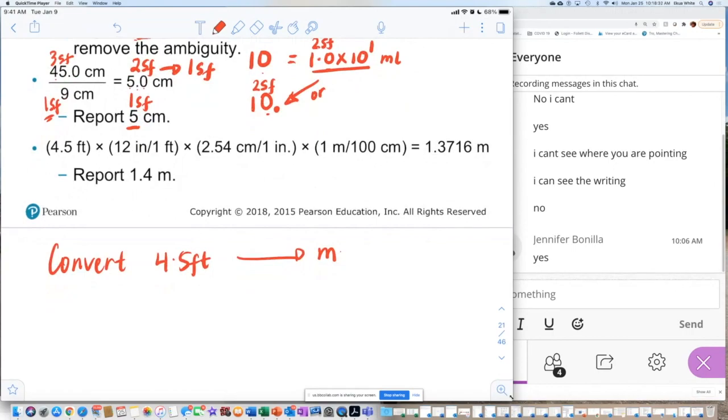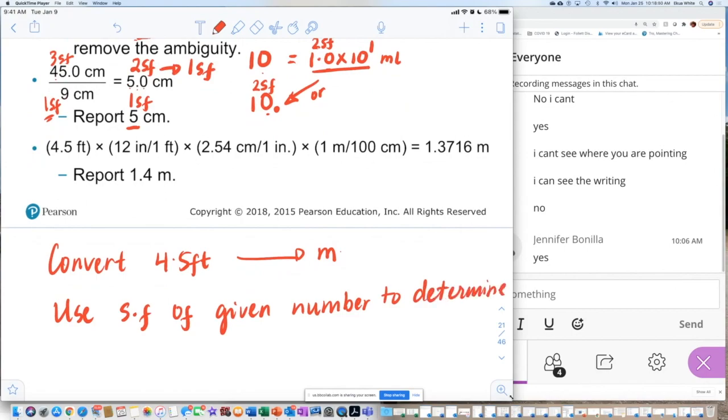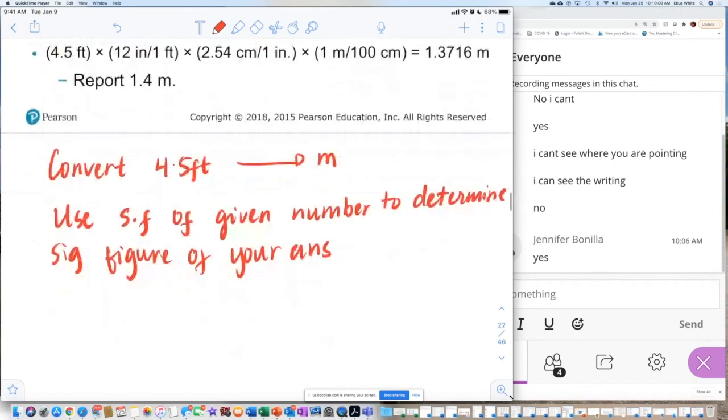Okay, so if you have a problem you're solving, you tend to use the significant figures of the given number to determine the significant figures of your answer. Don't use the conversion factor, okay?